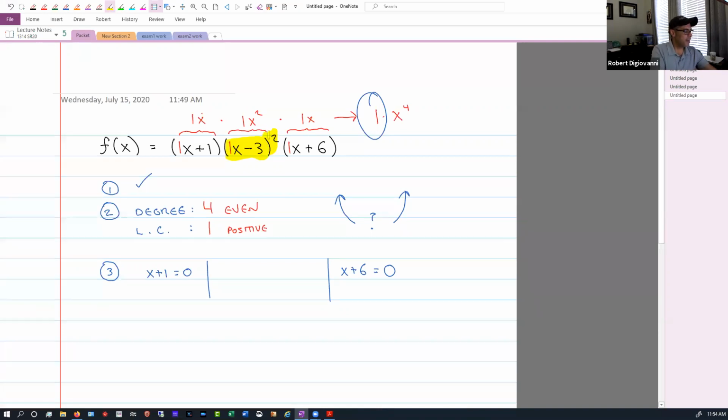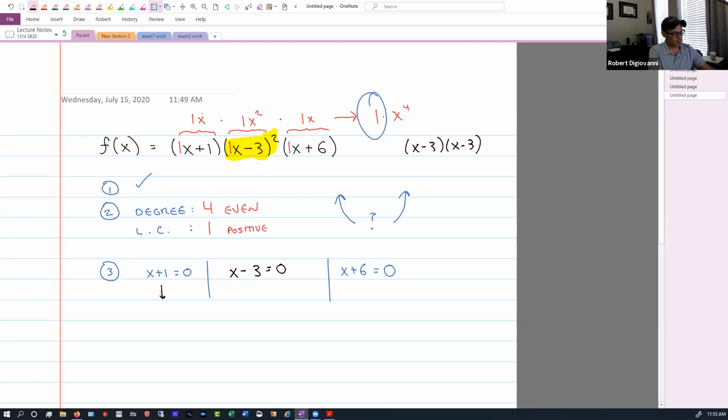That just means x minus 3 twice, x minus 3 times x minus 3. So if I set that equal to 0, I only have to set one of them equal to 0. I just set x minus 3 equal to 0, and then I don't need to do that 2 times because I'm going to get the same answer both times. Would y'all agree with that? So how many x-intercepts do we have, and what are they?